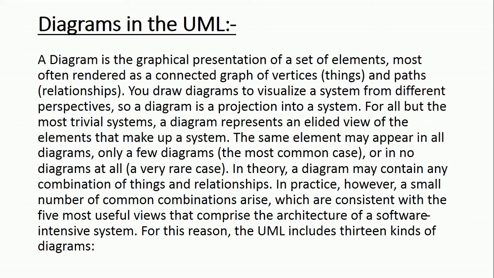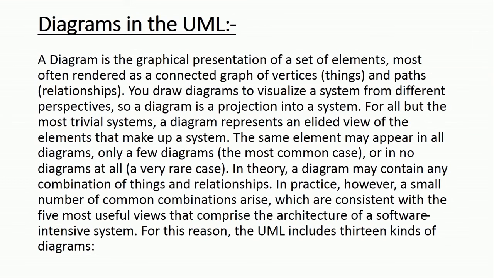For all but the most trivial systems, a diagram represents an elided view of the elements that make up a system. The same element may appear in all diagrams, only a few diagrams, or in no diagram at all. Very rare case, the same element may appear in all diagrams.